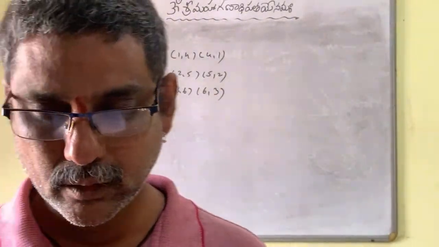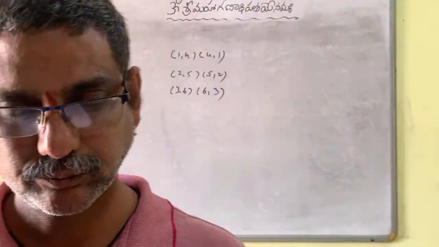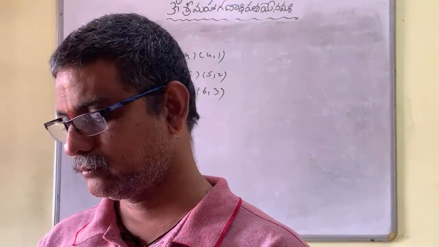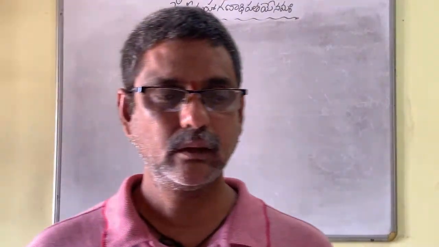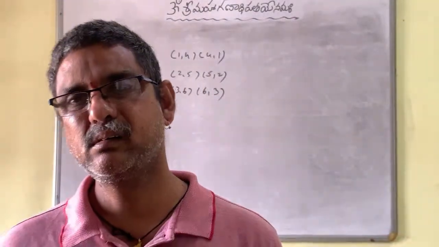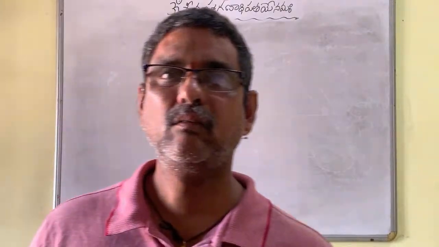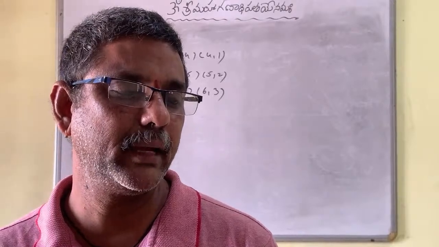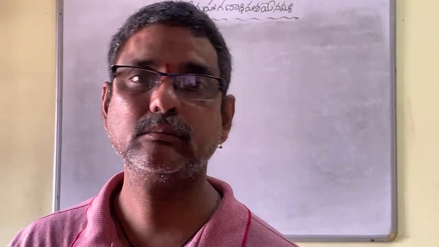Now, see the assertion reason questions. Nineteenth question, first statement: When a die is rolled, the probability of getting a number which is a multiple of 3 and 5 both is 0. What is the first number which is a multiple of 3 and 5? 15.